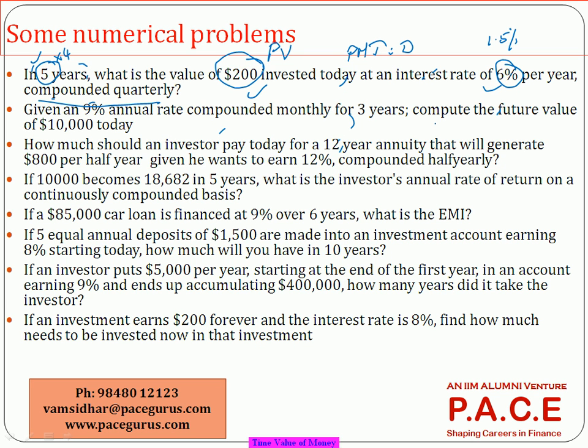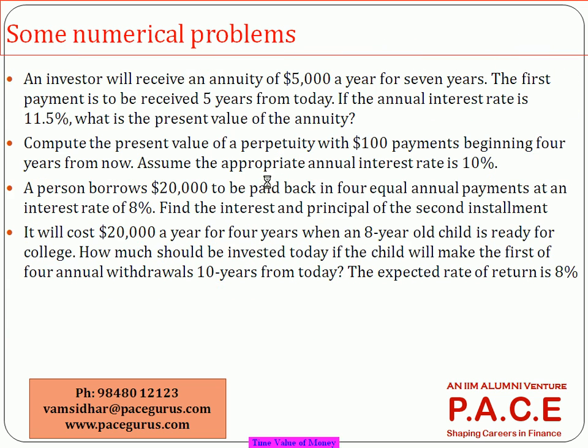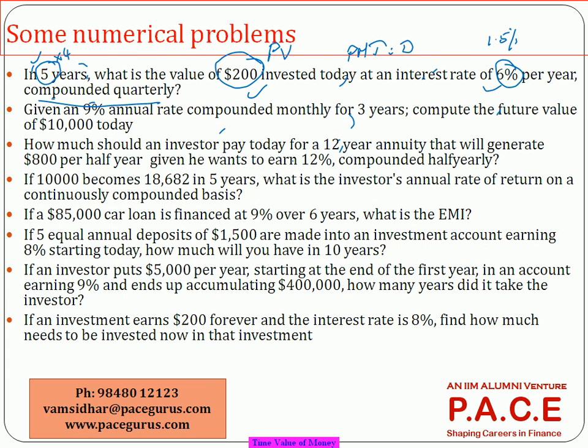It's going away from your pocket today. So you will write it as minus 200, not 200. Anything coming to us, we write it with a plus sign. This is a nomenclature we have to follow in the calculator. Anything we are paying, we'll put it with a minus. Anything we are receiving, we'll put it with a plus.